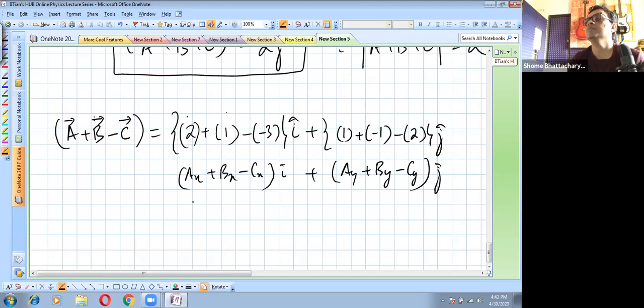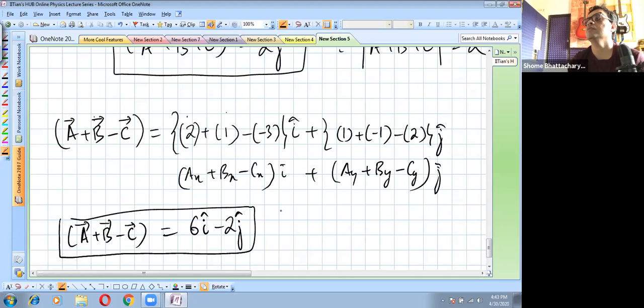So as you can see, it is becoming 6i cap minus 2j cap. This is the answer to my second part. This is the vector A plus B minus C in vector form. And now we have to express its magnitude. So mod of A plus B minus C is basically the magnitude of this vector, 6 x component and minus 2 y component.